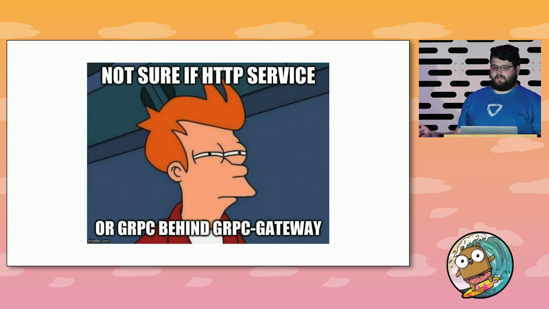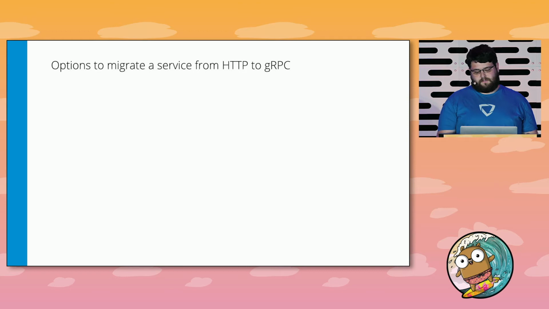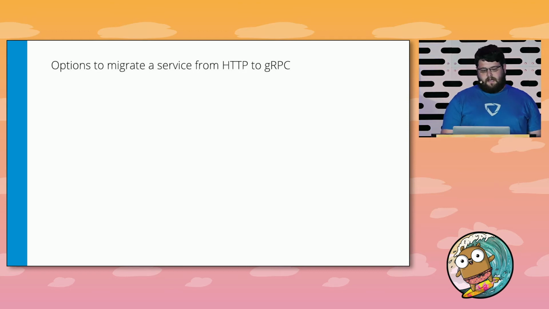You can also generate Swagger docs from it. So we've had a lot of success using that for migrating services to gRPC and gRPC Gateway for browsers, internal services, things like that.